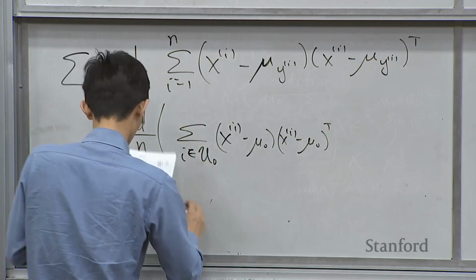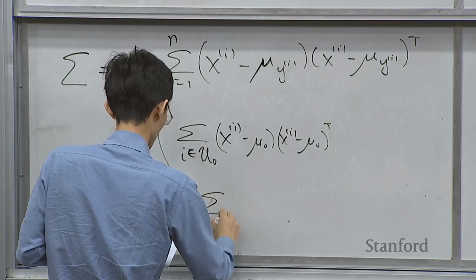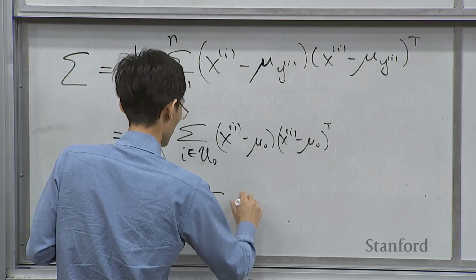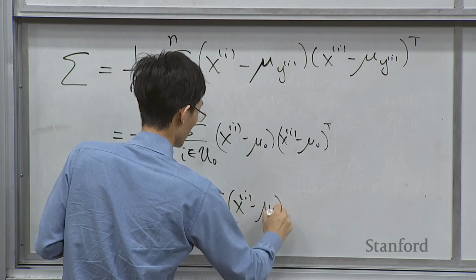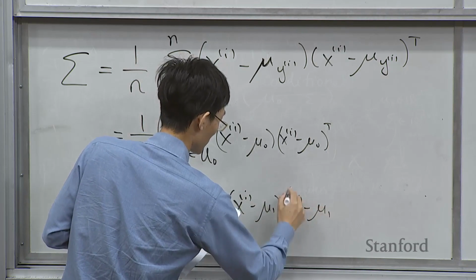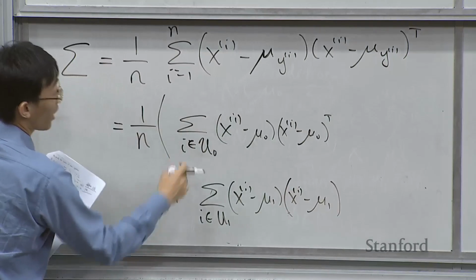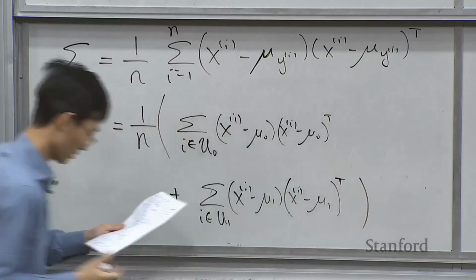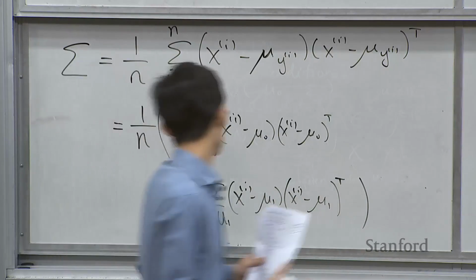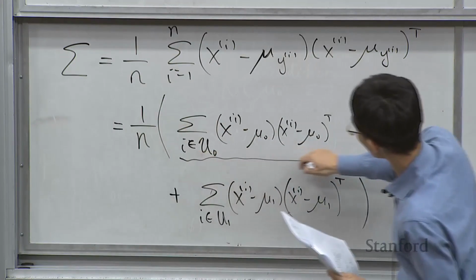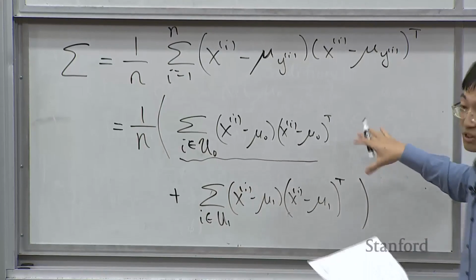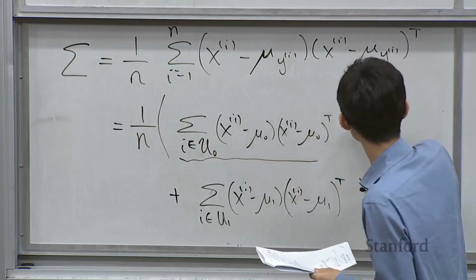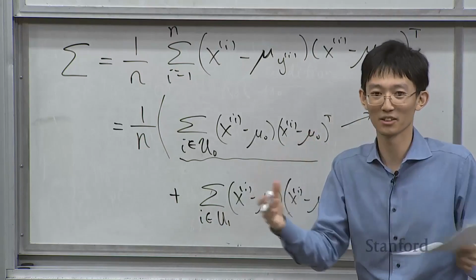And then you look at those cases where yi is equal to 1, and then this mu yi becomes mu1, and you get this. This makes it easier to interpret, because this is kind of the covariance, but the covariance evaluated on the empirical data. So this is on the data set you have seen.